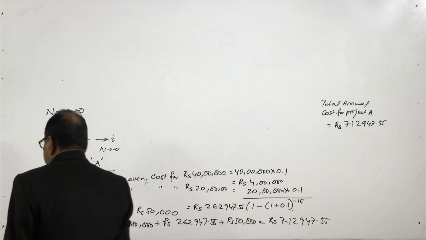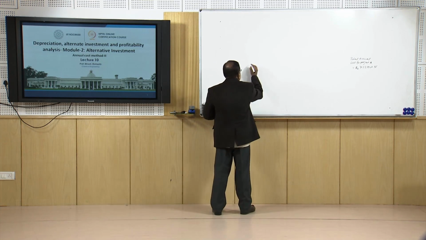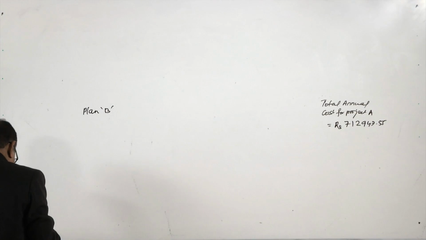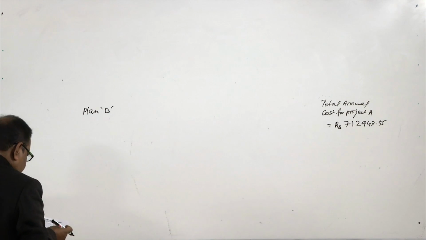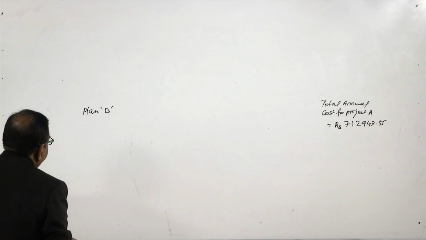Now, let us do it for plan B. If we see the problem, plan B is also investing 40 lakhs rupees on a permanent structure at t equal to 0.